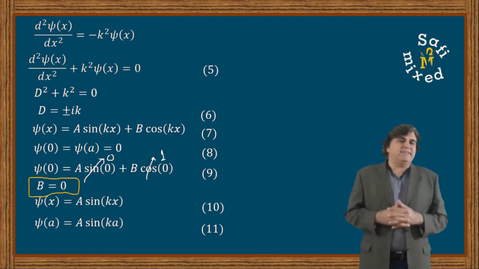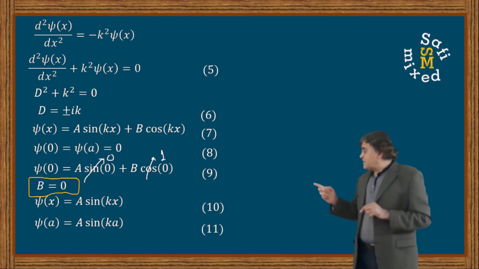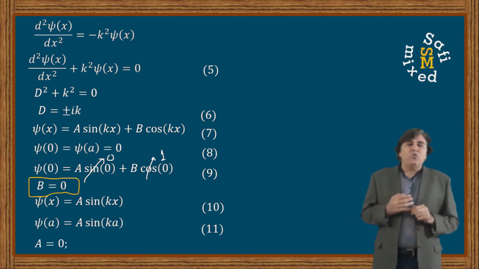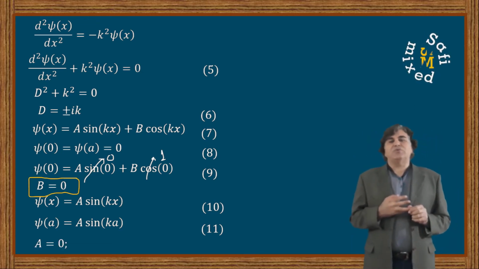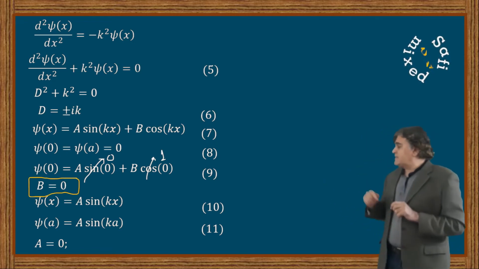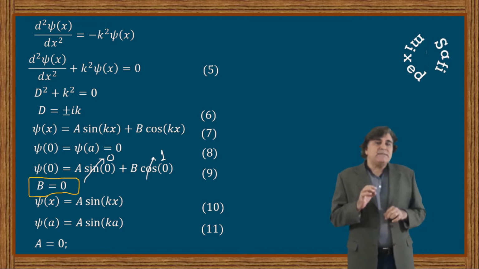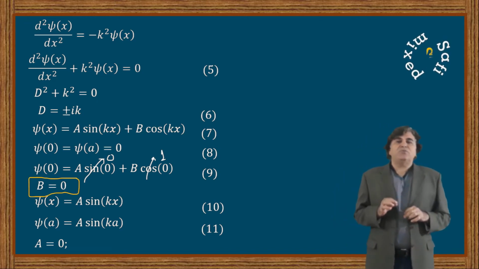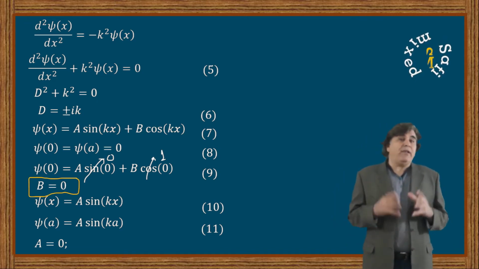Here, two cases arise. Either the constant a is 0 or the sine function could be 0. In case number 1, if the constant a is 0, this means that the wave function is 0 everywhere inside the well.